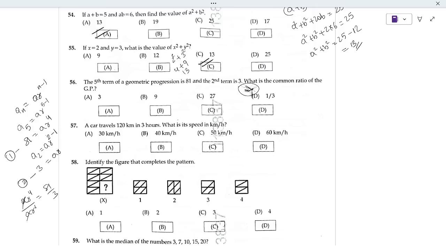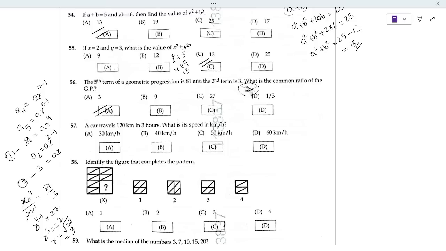Then r to the power 4 by r to the power 1 is r to the 4 minus 1, according to the rules of indices. Then 81 by 3: 3 twos are 6, and 3 sevens are 21, so 27. So r cubed is equal to 27. So here 3 cubed, so r is 3. 3 is the answer.